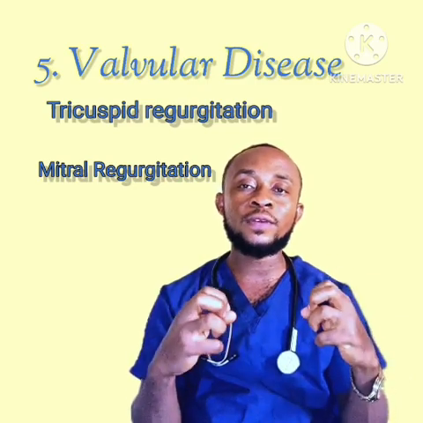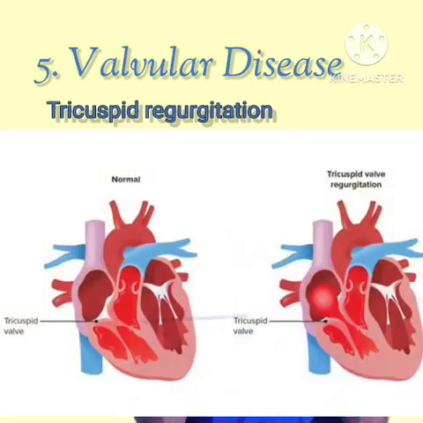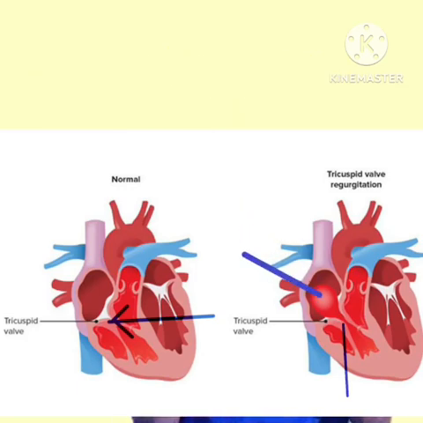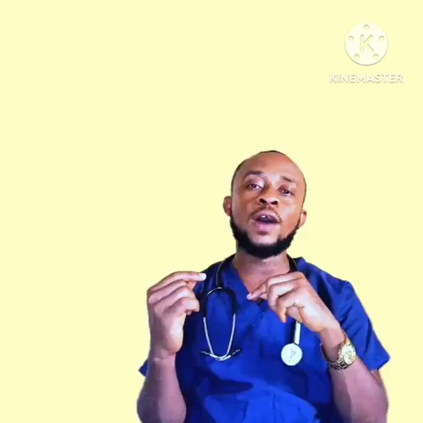The tricuspid valve is expected to close so as to prevent backflow of blood from the right ventricle to the right atrium. But the inability of the valve to close, and it remains open as a result of the valve being weak, will allow backflow of blood into the right atrium. So this can cause heart failure. Same way with the mitral valve.